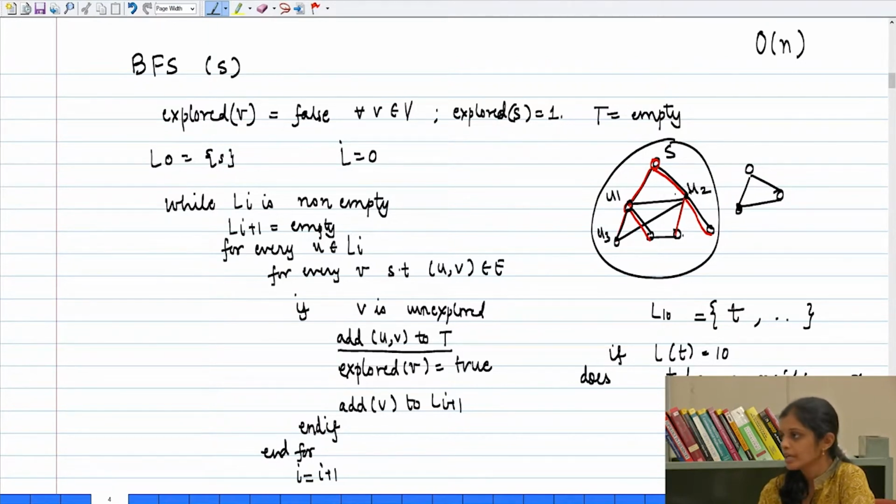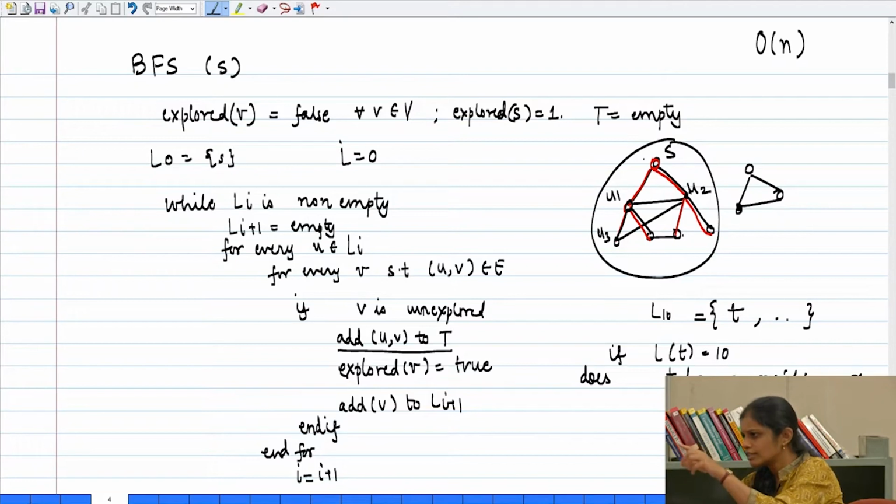The edge u2 s will also be considered during the exploration. So in fact, every edge will be explored exactly twice, right? If the other endpoint is unexplored, you will put it into the queue or the layer L i plus 1. If it was already explored, you will do nothing, but you have certainly examined that edge. So you are just off by 2, that is, every edge is examined a constant number of times.